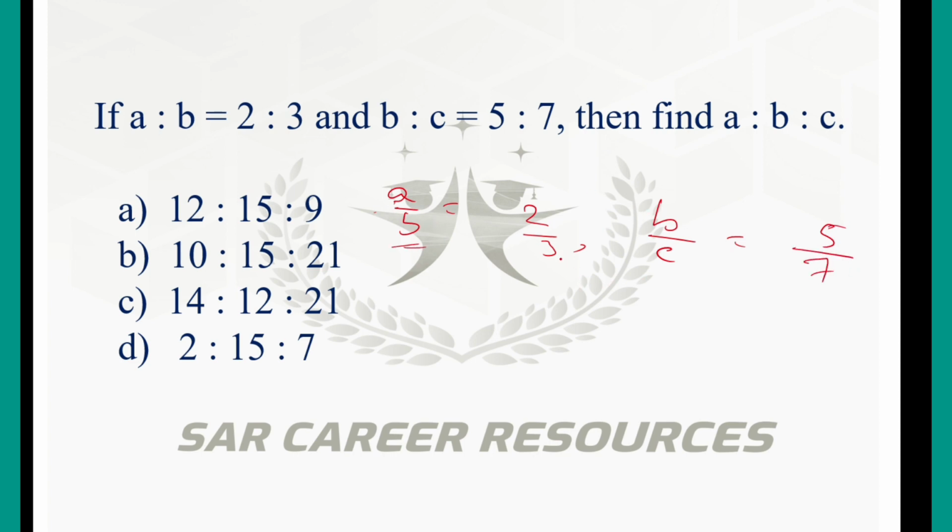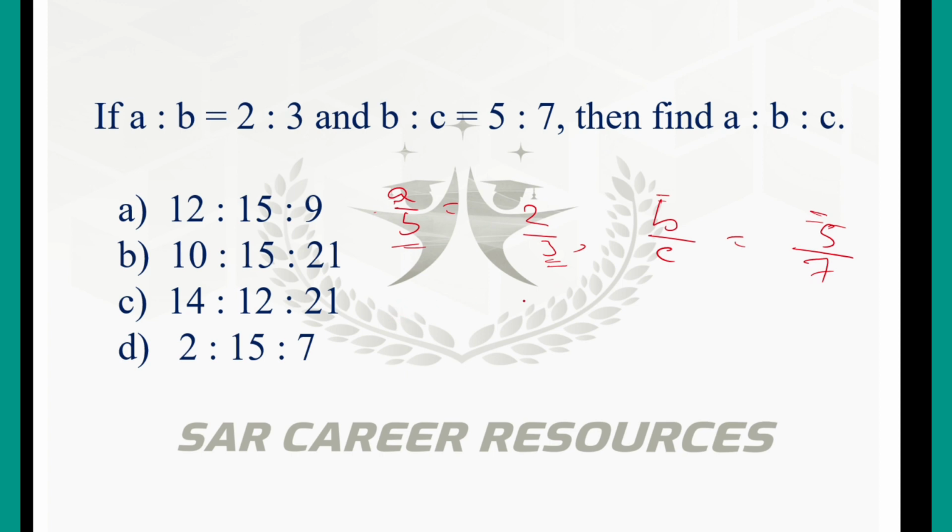So how to find out A is to B is to C? We can see that the denominator of the first ratio, that is B, the number is 3, and the numerator of the second ratio, that is B by C, the number at B is 5, right?